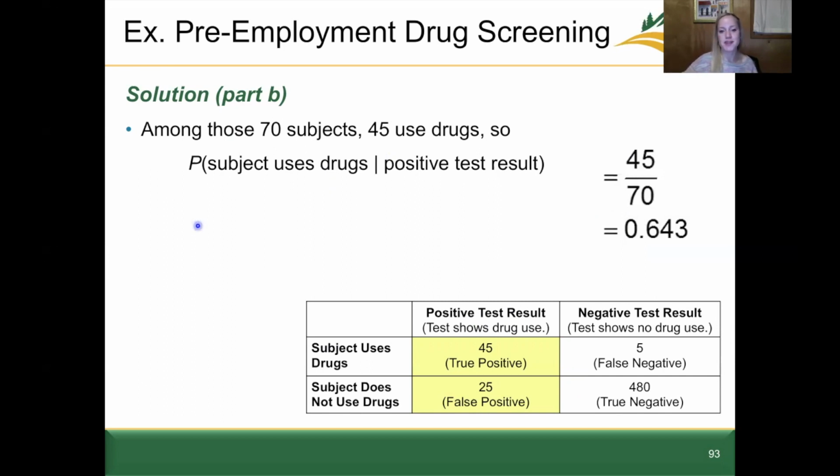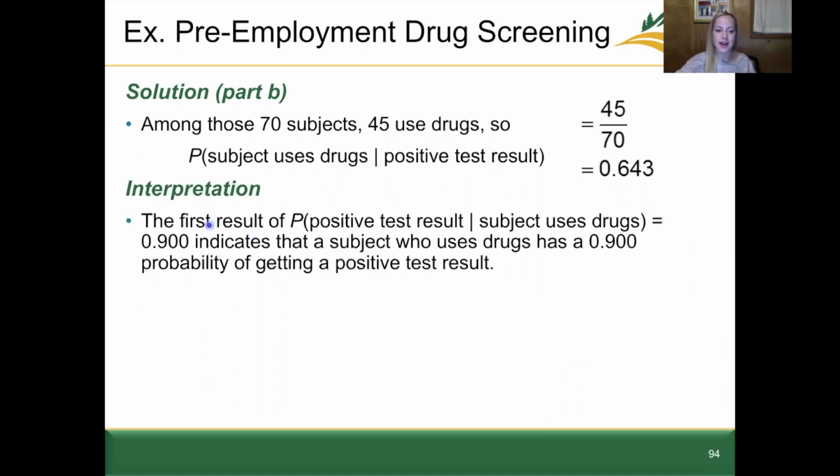Now let's talk about the interpretation of parts A and B together, so putting all the information that we just calculated from this table. In part A, that first result, it told us that the probability of a positive test result contingent upon that subject actually using drugs is equal to 0.900. This indicates that a subject who uses drugs has a 0.900 probability of getting a positive test result.